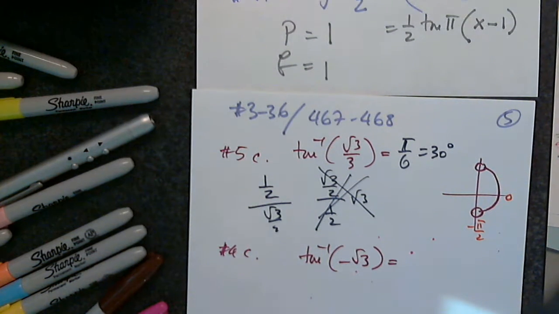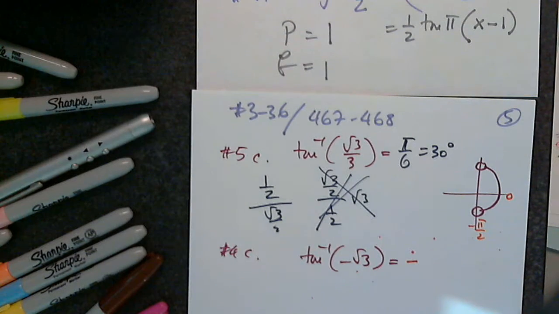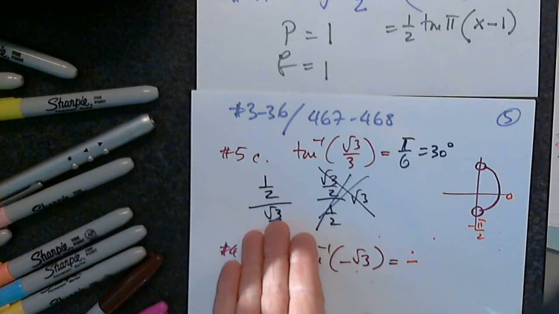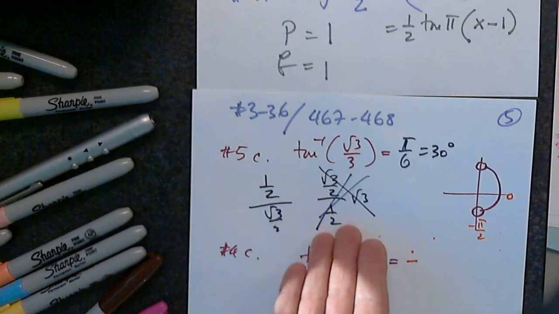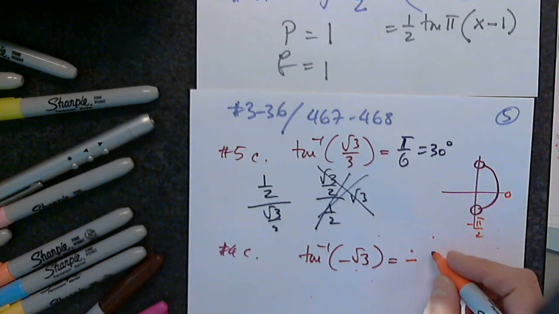So now I'm thinking again: it has to be a negative angle, and tangent of the square root of 3. What can it be? Because I only have 1/2 over the square root of 3 over 2, or the square root of 3 over 2 over 1/2. And since it's not this, it must be that one. So negative pi over 3.